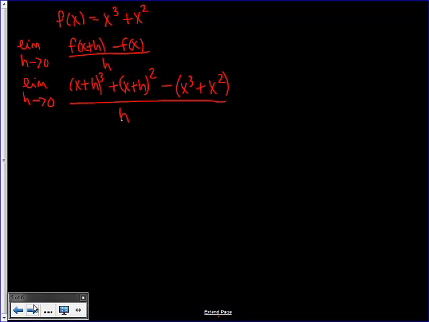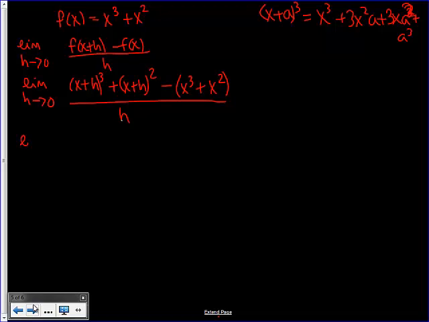One thing you need to know, any sort of binomial cubed, of x plus a cubed, it becomes x cubed plus 3x squared a plus 3x a squared plus a cubed. Alright, now let's plug this in real quick.